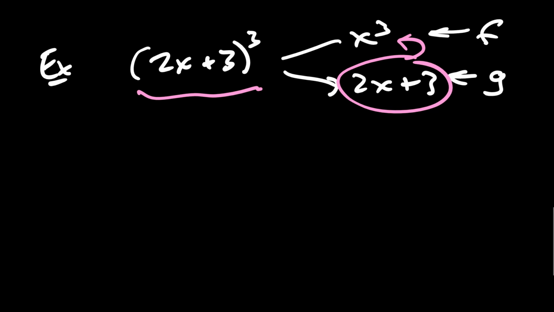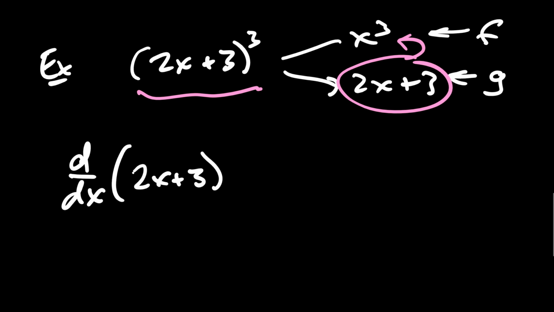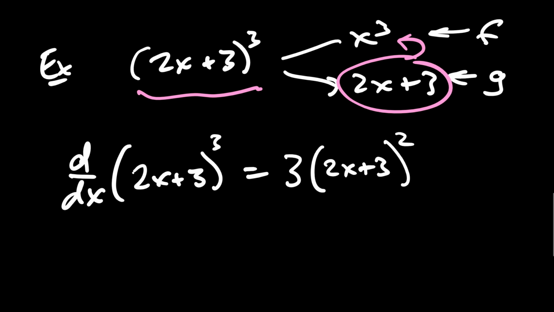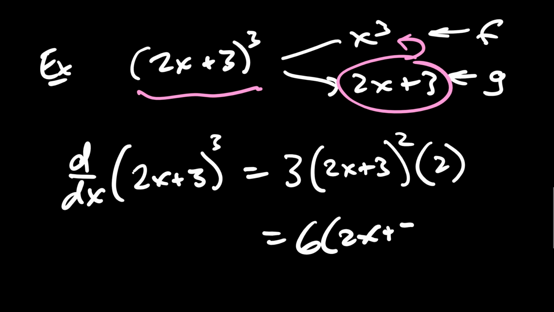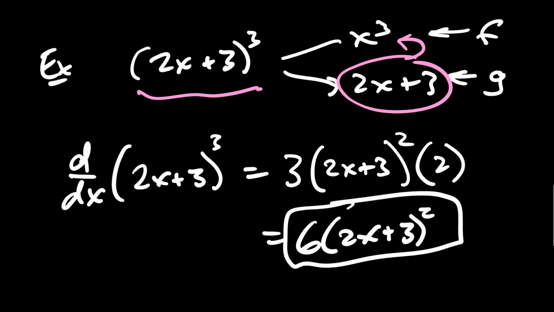So when we take the derivative with respect to x of 2x plus 3 quantity cubed, this will be the derivative of the outside one, so that's 3 times 2x plus 3 quantity squared, and then you take the derivative of the interior, which is just 2. The derivative of 2x plus 3 is just 2. And then you simplify it, so this would be 6 times 2x plus 3 quantity squared. There's no reason to multiply all that out, you just leave it.